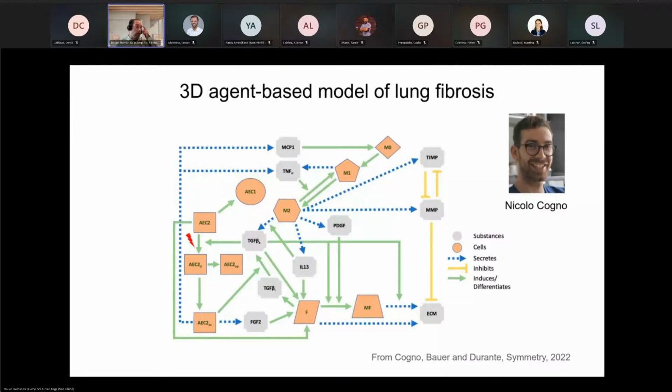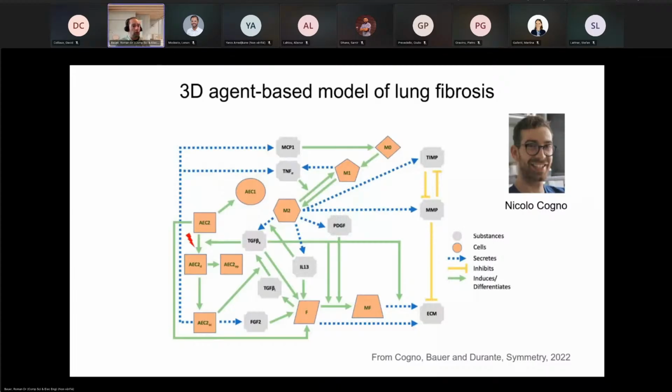And so the question is, can we create an in silico model of this system in order to optimize the radiotherapy? Because you don't want to have too much radiation, because if you have too much radiation, you kill a lot of healthy cells, and you can get this lung fibrosis complications.